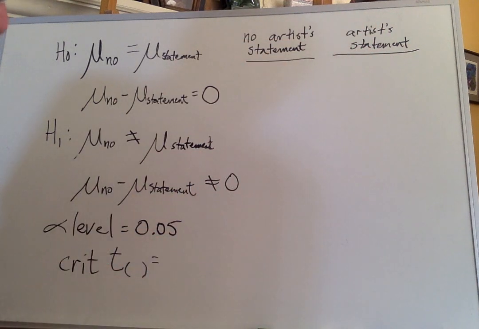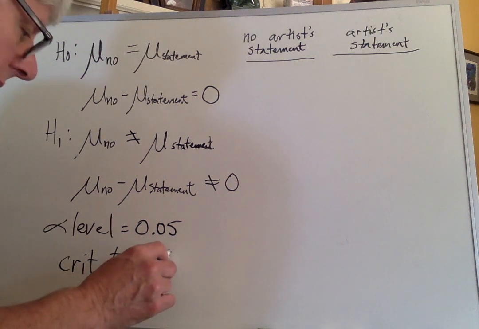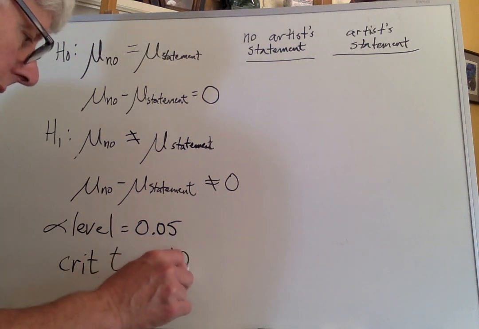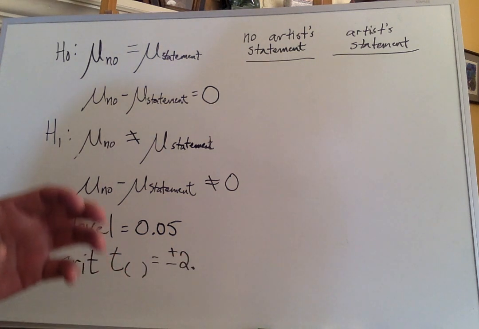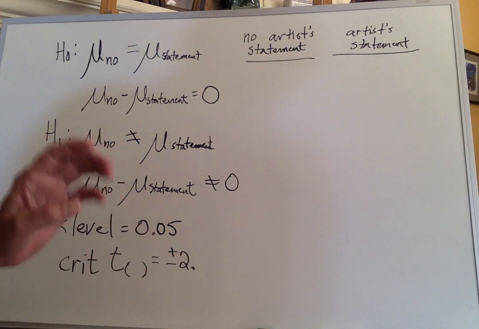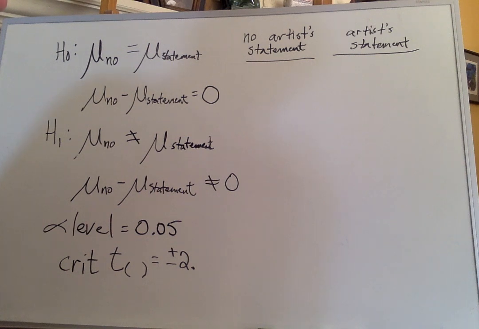We'll get to that a little bit more afterwards. I know it's going to be plus or minus 2 point something. Take a look at the t-distribution in the back of your book, and you'll see what I'm talking about. Okay. So steps 1 and 2, not much different than what we've had before. This looks a little bit different, but that's because we now have 2 independent groups here that we're comparing one to another.